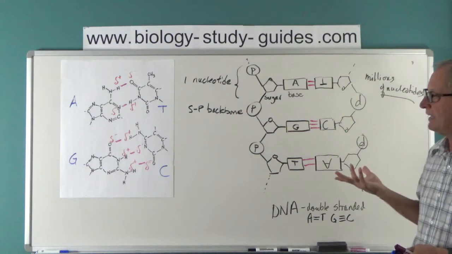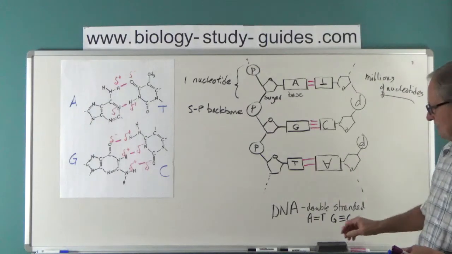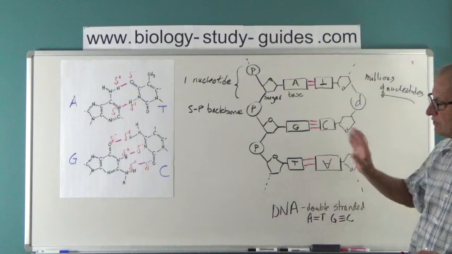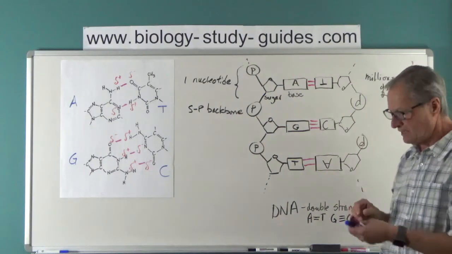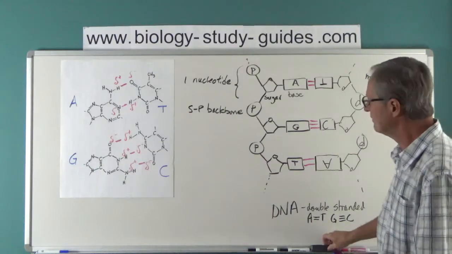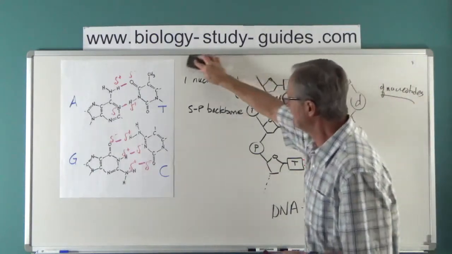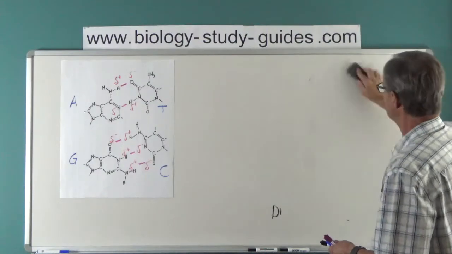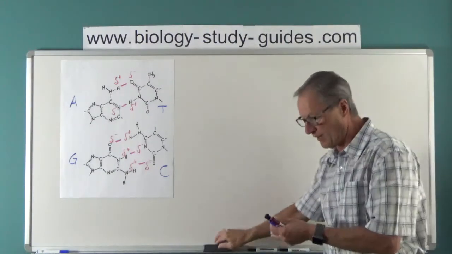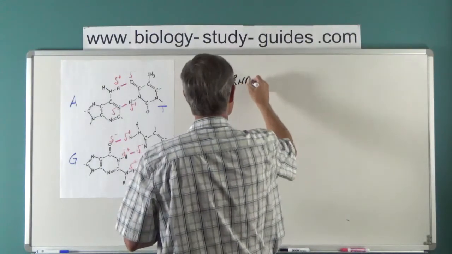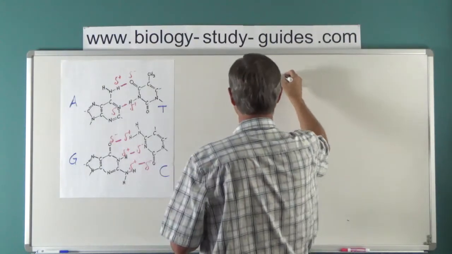Let's go back and consider RNA. So this is going to be totally useless here in a second, but let's go back to RNA. RNA is made out of nucleotides. The nucleotides are the same primarily. RNA has ribose now.